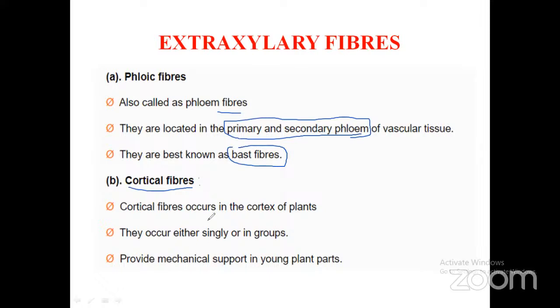They occur either singly or in groups. And the function of any fiber, remember, is to provide mechanical support in young plant parts. So these are the cortical fibers. And the fiber's economic importance, in the plant system, it gives support.